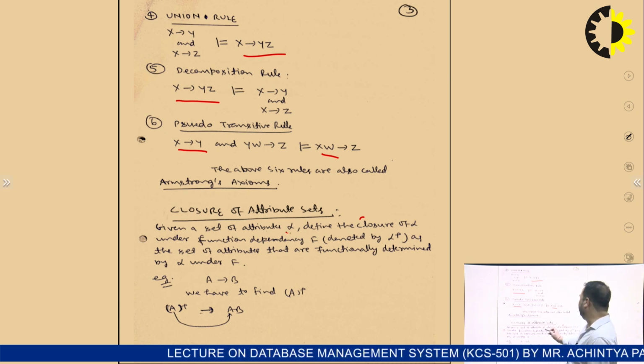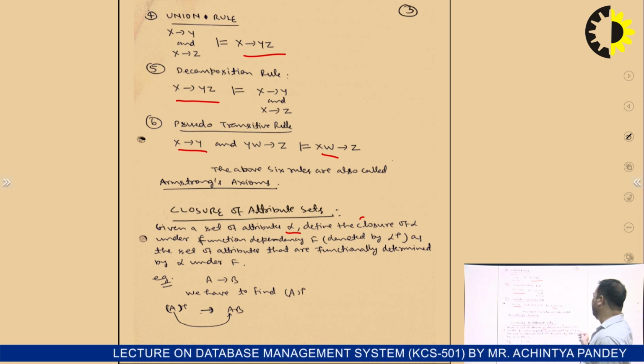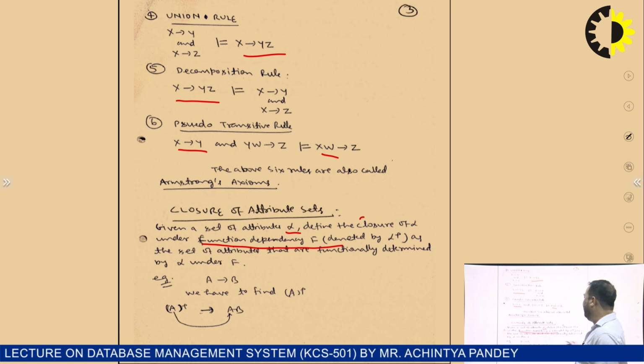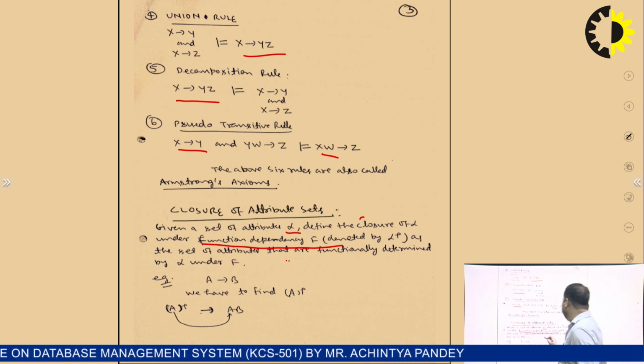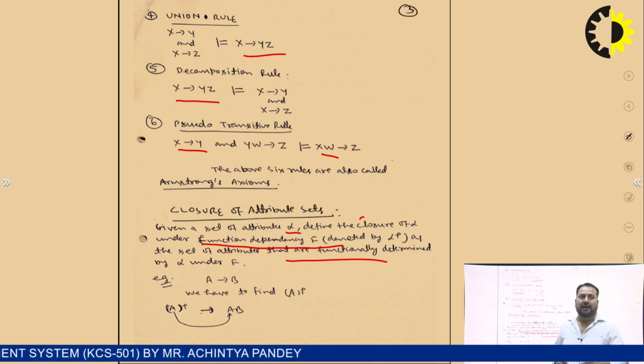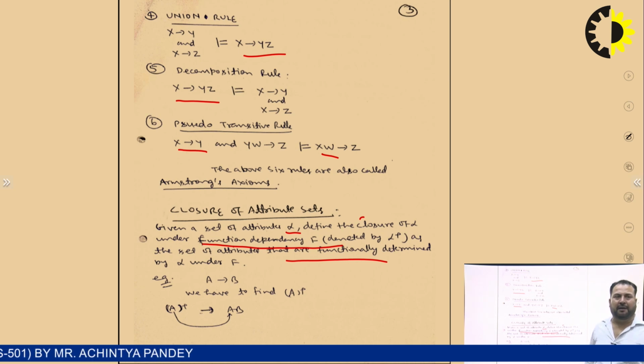Given a set of attributes, say alpha, we define the closure of alpha under the given functional dependencies F as the set of attributes that are functionally determined by alpha under F. Meaning, under the given FDs, what more can alpha determine.